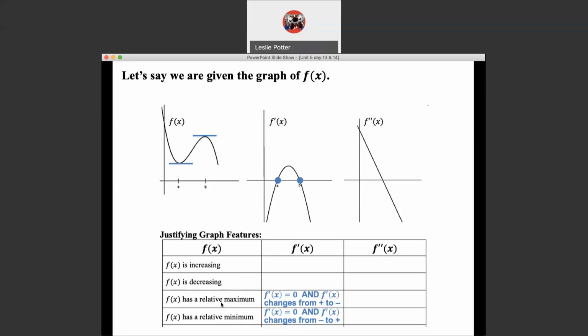If you notice, when talking about maximums and minimums, it's not enough to say that the first derivative is 0. We have to qualify what the value of the first derivative is doing on either side of that hill or valley. So like I said, we have a decreasing situation here.